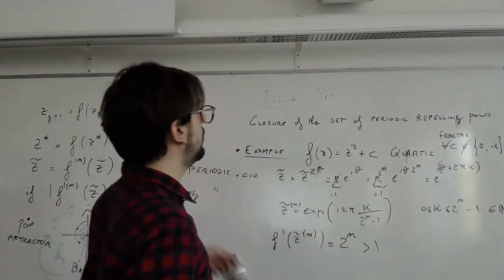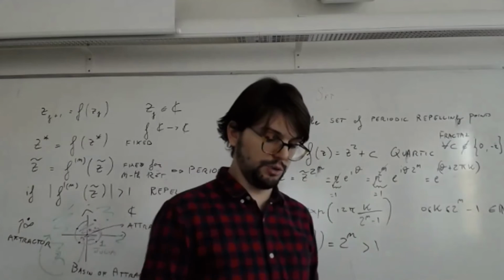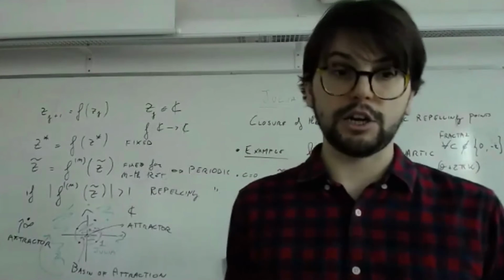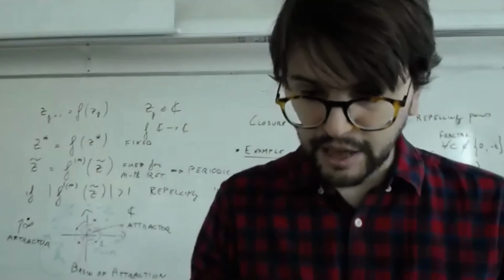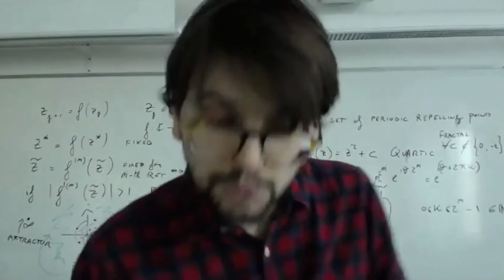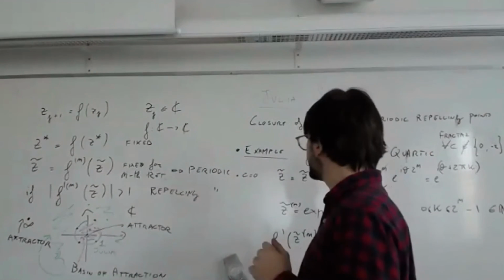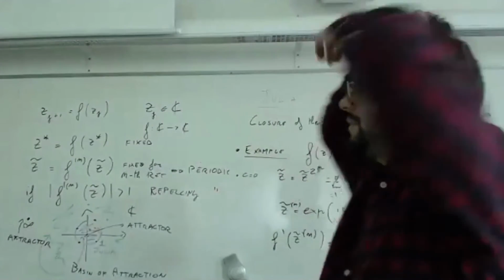So you are on the set of the repelling periodic points, so you're on the Julia set. And this is also equivalent to the boundaries between basins of attraction. Okay, so the lecture is basically finished, so I don't have the time to do the Mandelbrot set. I will do it next time, and I will show you some animation, but that's very easy to see.